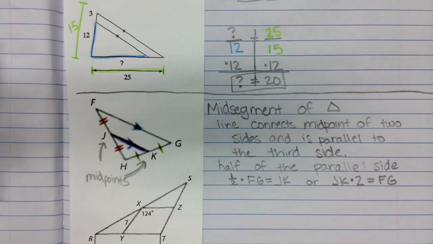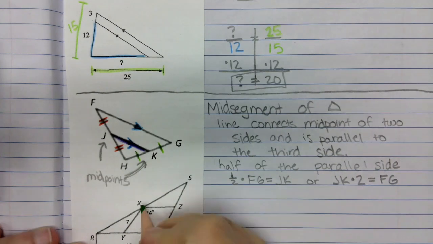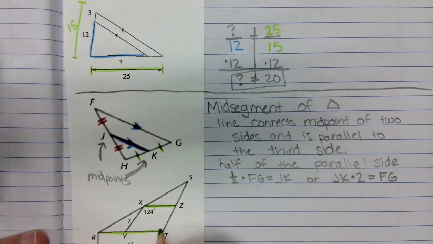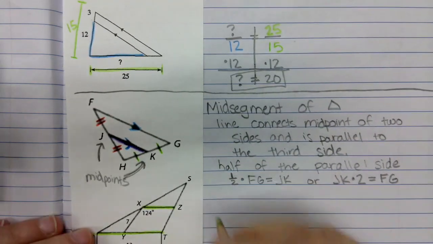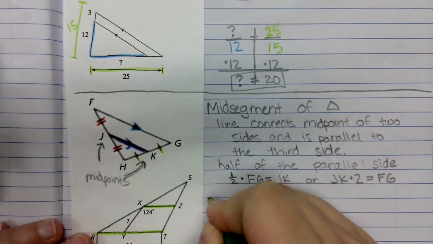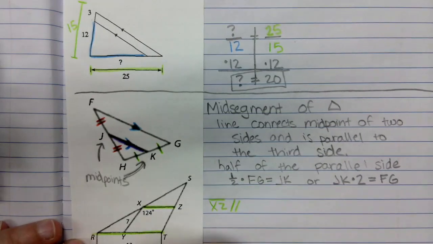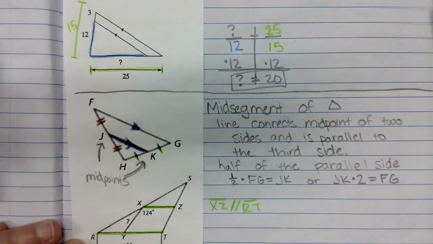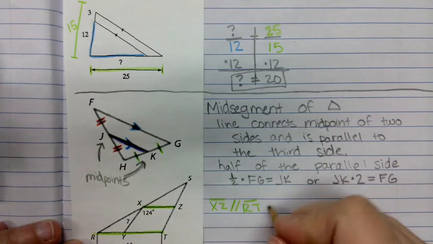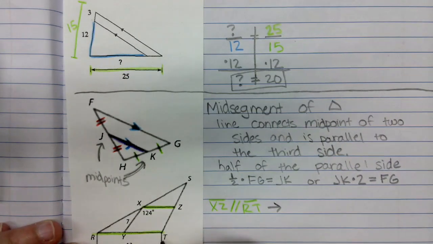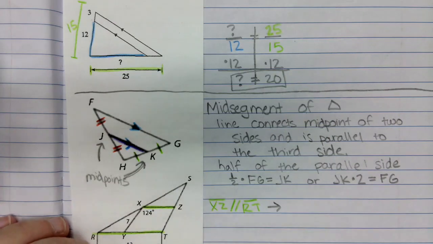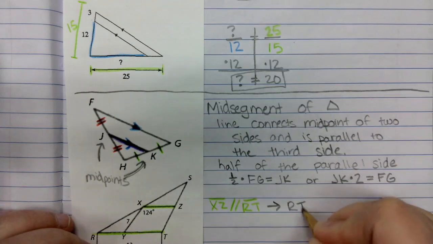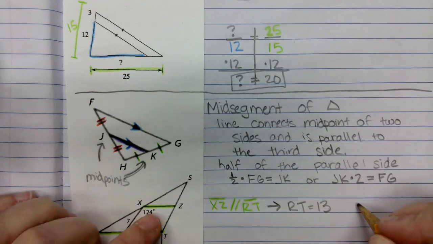Okay, first off, we're looking at our parallel lines. So let's start with this XZ and RT. We know that those are parallel. So XZ is parallel to RT. And we know that because it would have told us that's a mid-segment. So because of that, I know that RT is 13. And so with that RT of 13, I want to know how much is XZ.